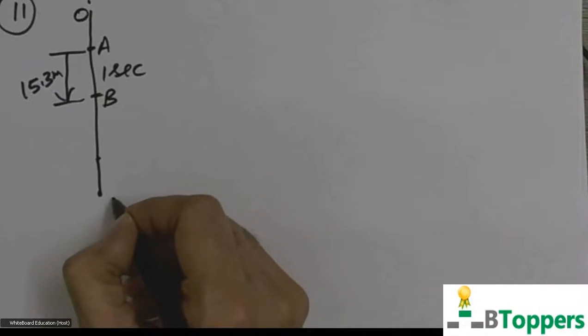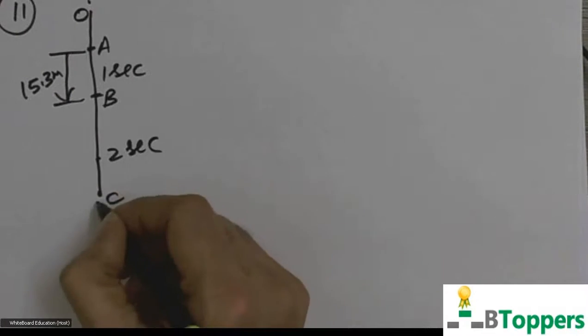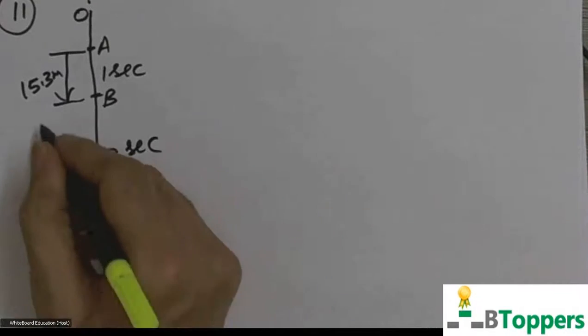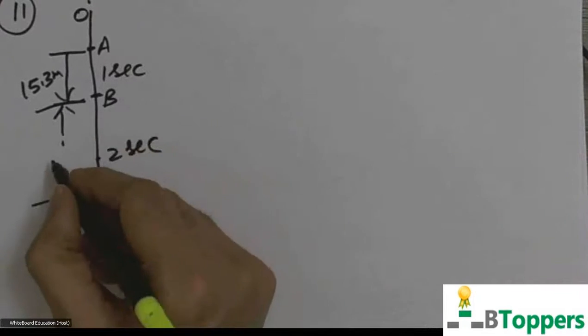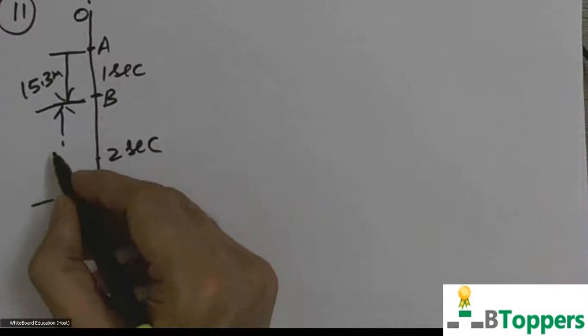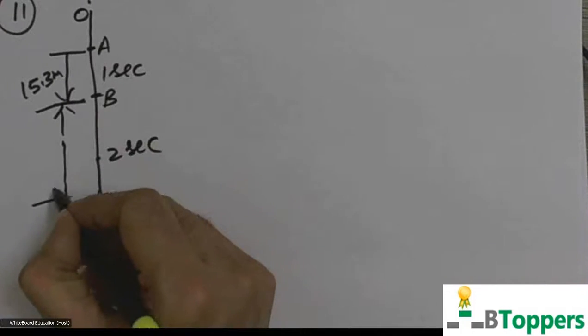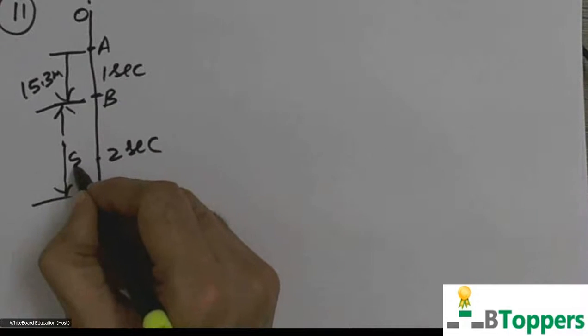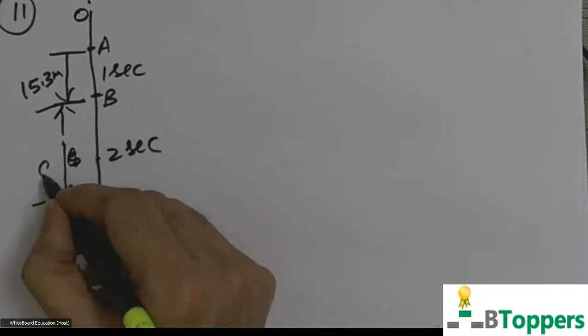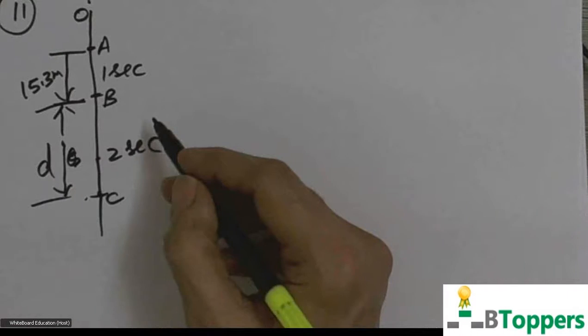Let the body travel from B to C in the next 2 seconds. You have to find the distance covered in the next 2 seconds. Let us suppose the distance covered in the next 2 seconds I denote by D, which you have to find.